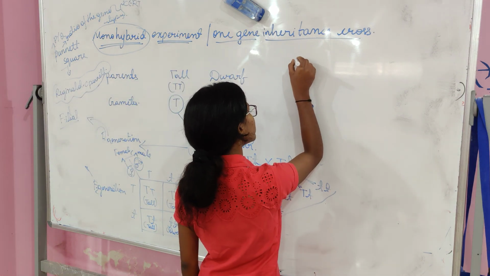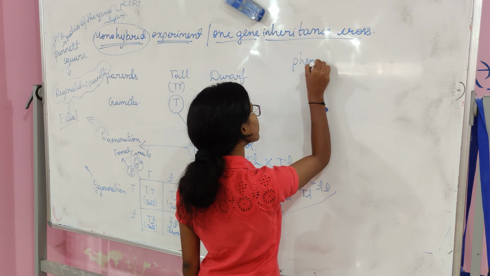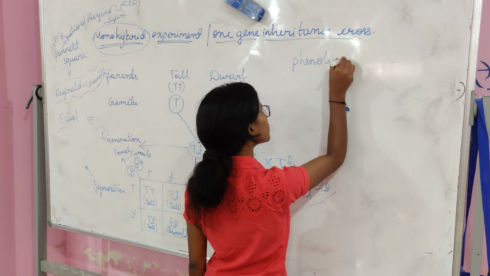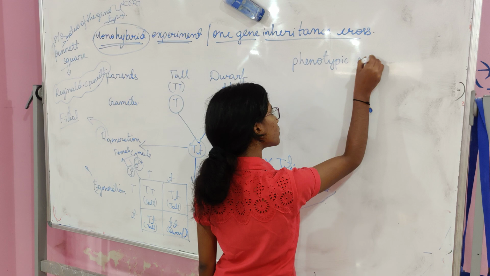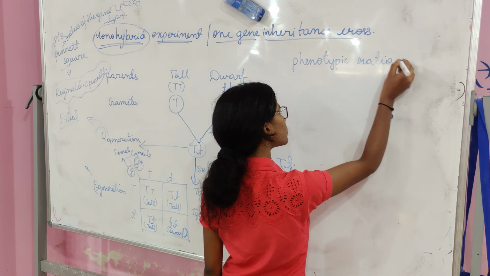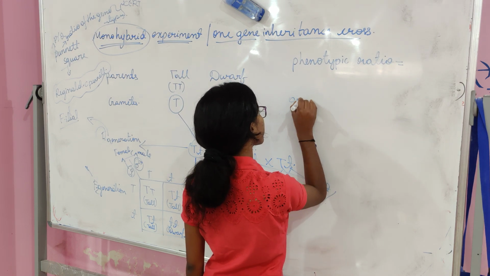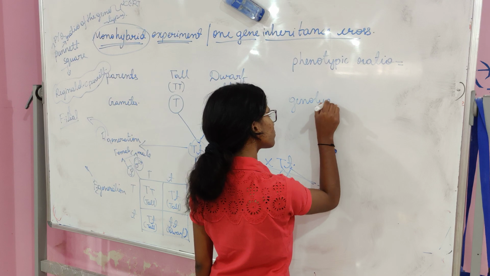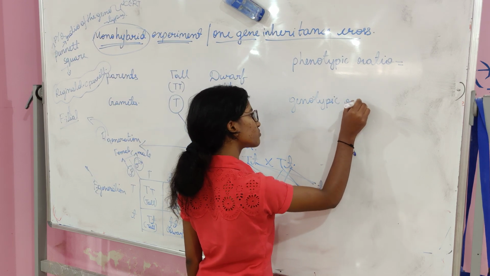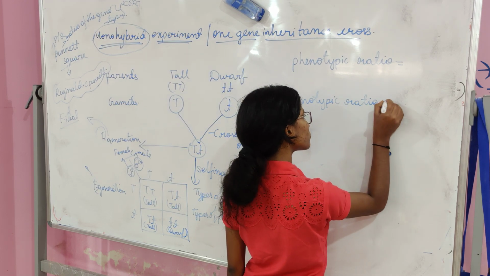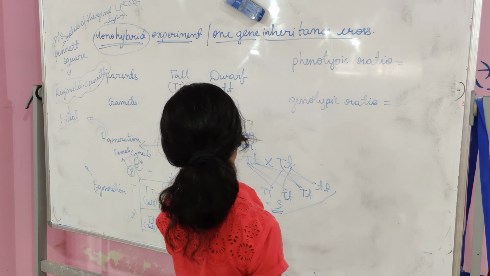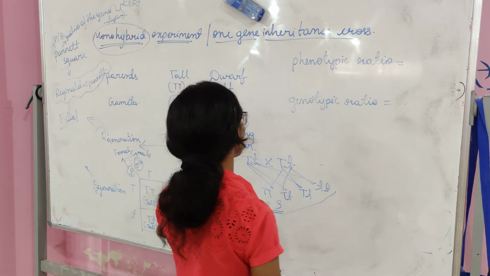When you write the phenotypic ratio and genotypic ratio, genotype types are 3.